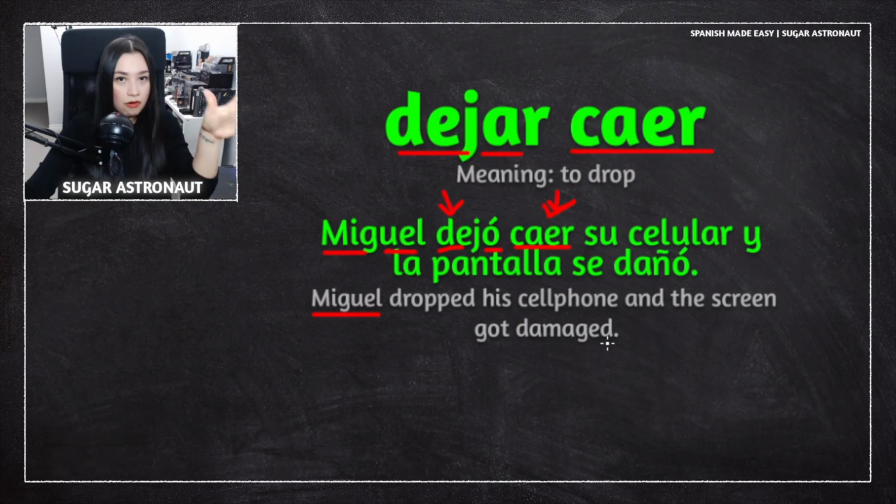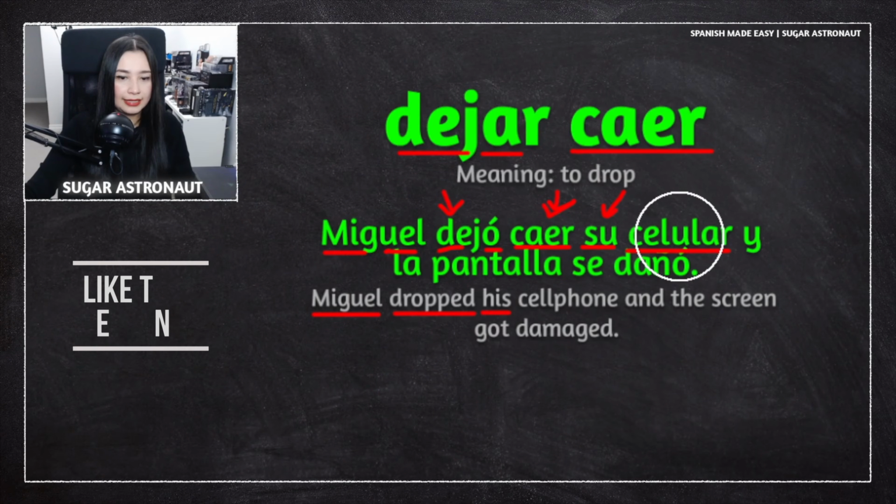Miguel dejó caer su celular. Dejó caer in this situation means dropped. Su means his. Also her. This is very flexible.